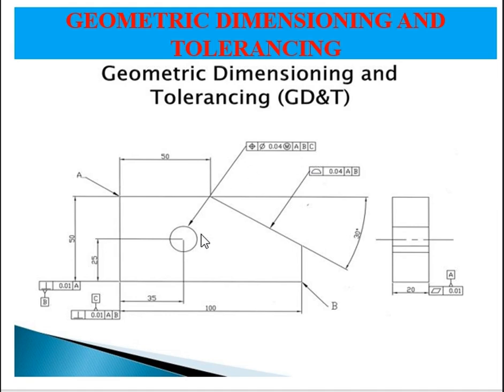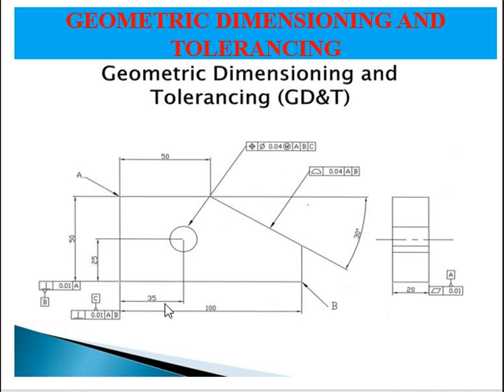So deviation in the position is allowed only up to the value of 0.04. This is in the x direction, the y direction, as well as the z direction. That means your center can deviate in the y side, x side, or z side by this value.